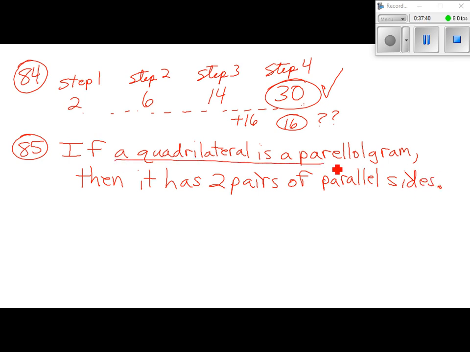This is our hypothesis, and this part is our conclusion.